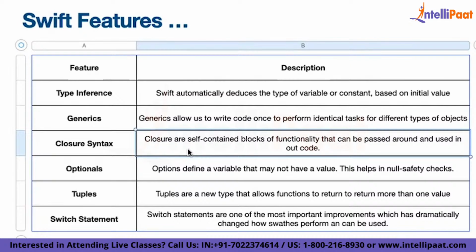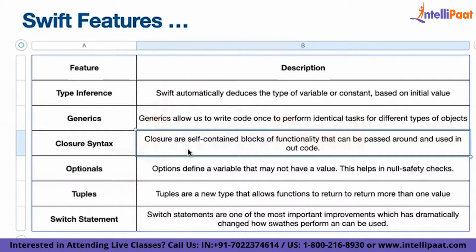So iOS has introduced closure syntax in which, if you are doing an asynchronous application or asynchronous task, this is a block of code which will be executed after the task is completed. It is an anonymous function.